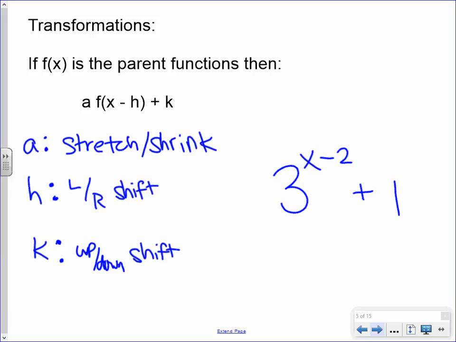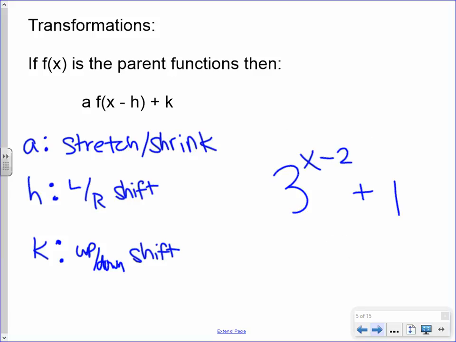This is a k, this is a shift up. Okay, just so you can see what that looks like with the exponential piece. Because it's going to look a little bit different. Last time in chapter 1, we would look for parentheses for the inside of the function. You're not going to have parentheses up there. Whatever is in the exponent, though, is going to be affecting your graph horizontally.